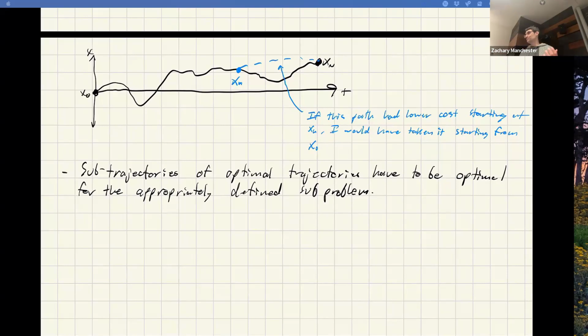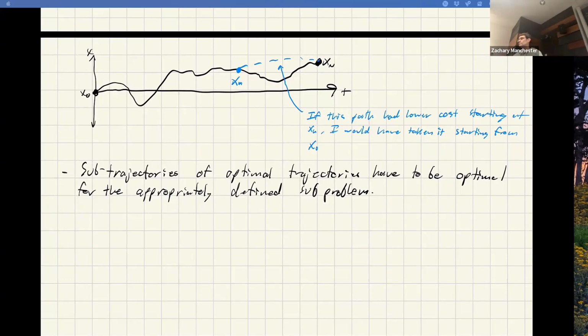It doesn't have to be fixed. If I ended up there because of minimizing the cost function, and I keep the same cost, it doesn't necessarily have to be a terminal constraint that says you have to end at xn. It's saying that if I shrink the problem and start with initial conditions somewhere along that original trajectory and everything else is the same, I will get the same answer.